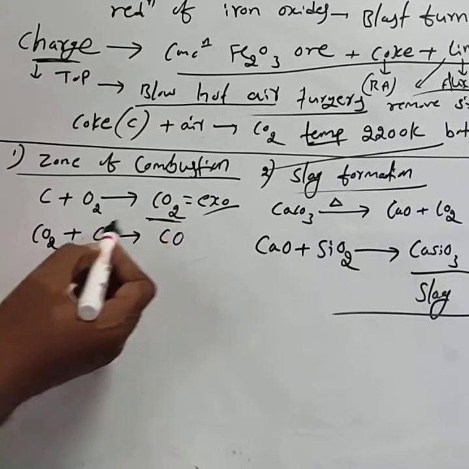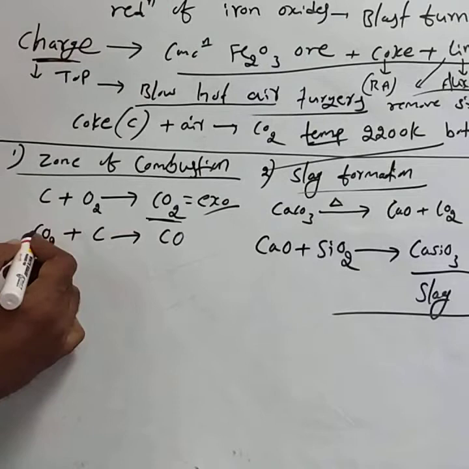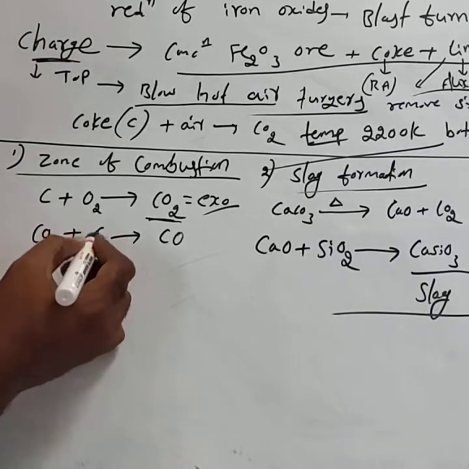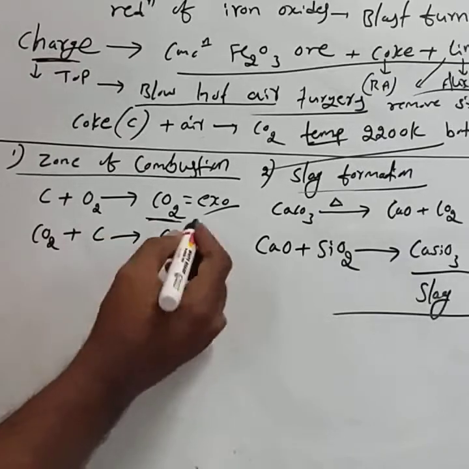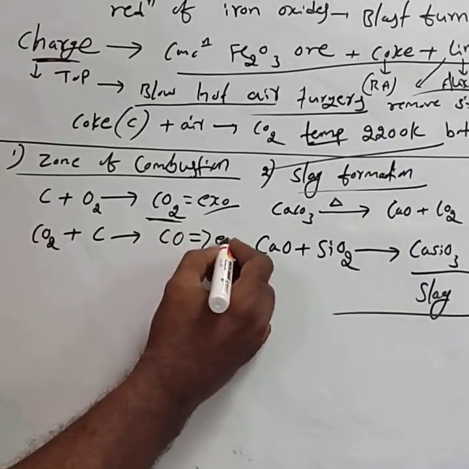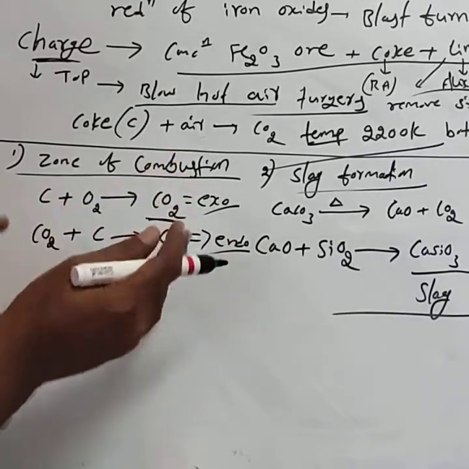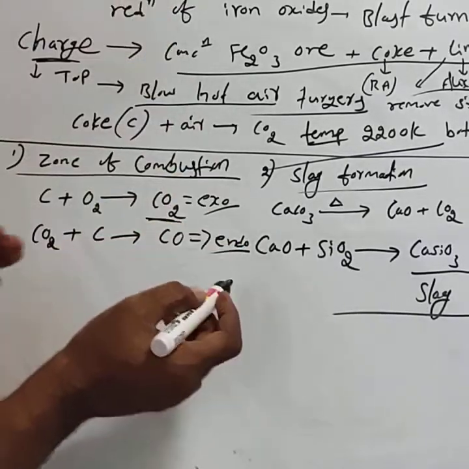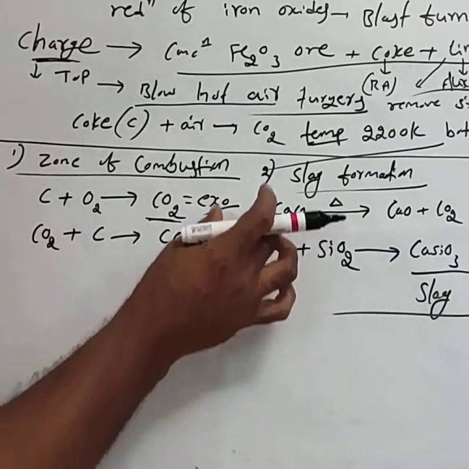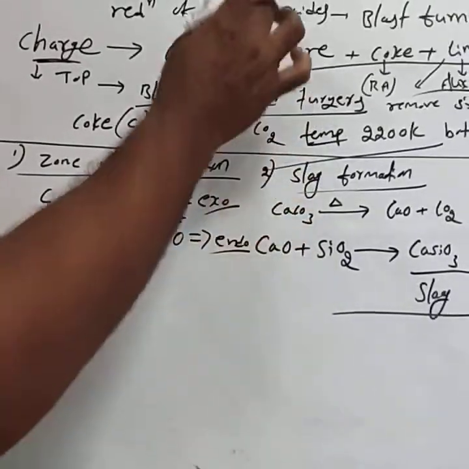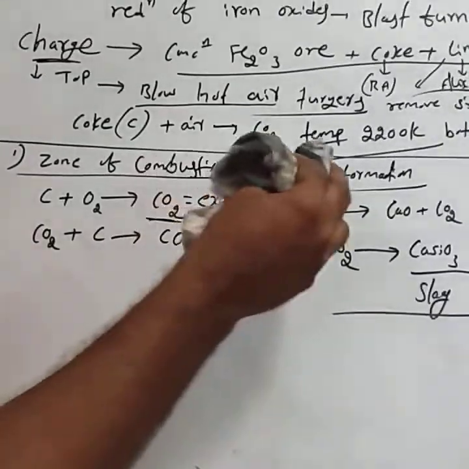This carbon dioxide rises upwards in the furnace and further reacts with carbon to form carbon monoxide. The formation of carbon monoxide is endothermic, so heat is absorbed. Hence, in the blast furnace, the temperature is very high at the lower portion, and when we move upwards, temperature decreases. These are the two zones.